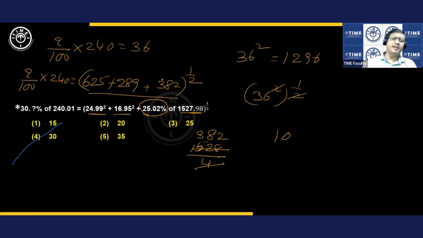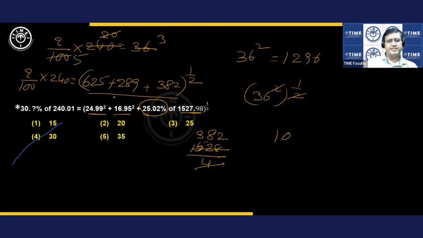36, how many times does it go in 240? 24 and 36, when you observe, 2 times 12 is 24, 3 times 12 is 36. So what is the result? Here 12 3 times, 12 20 times. 20 goes how many times? 5 times.